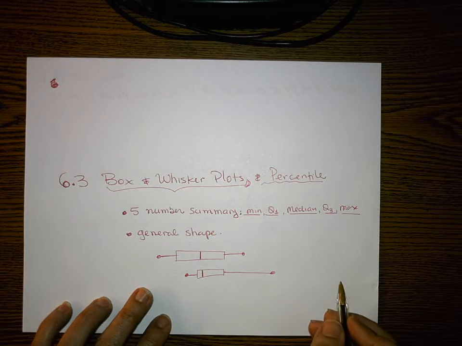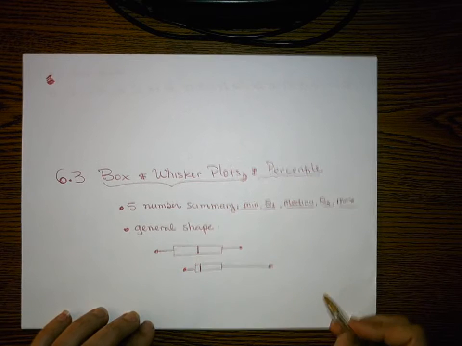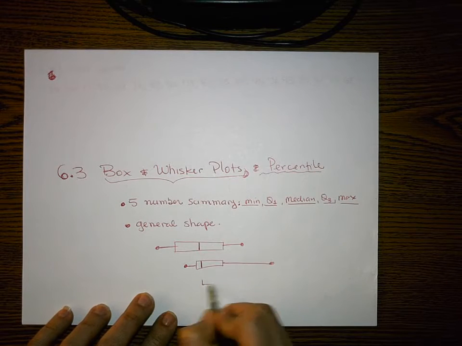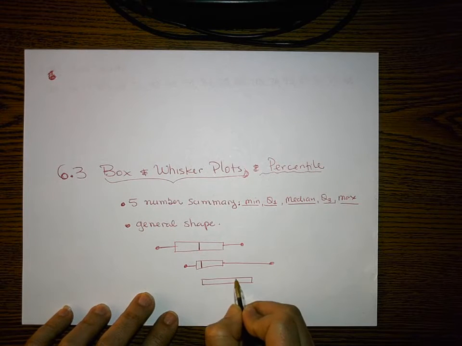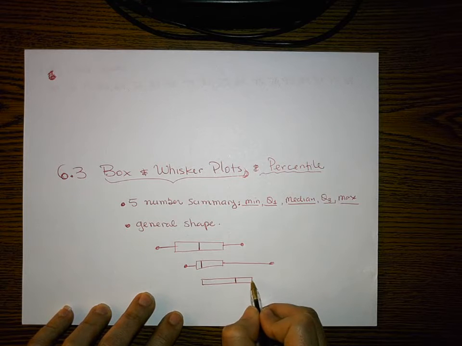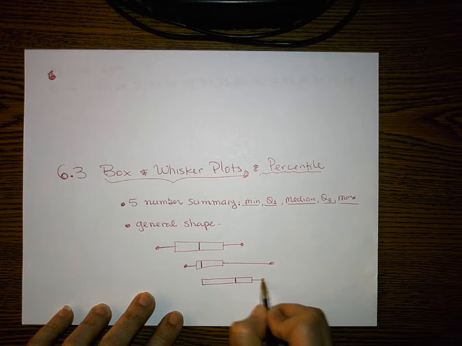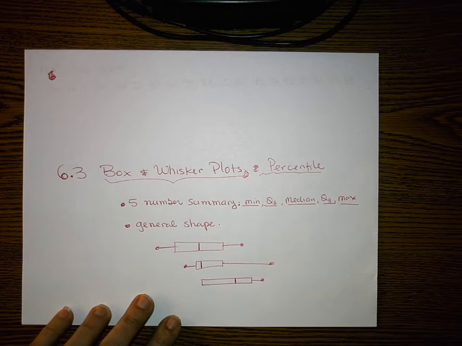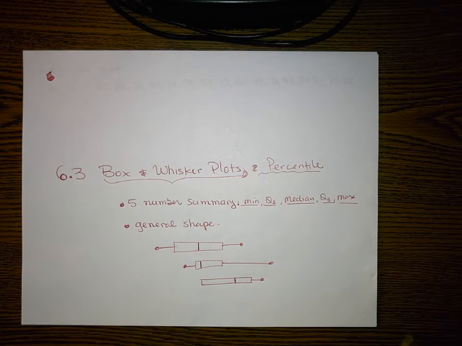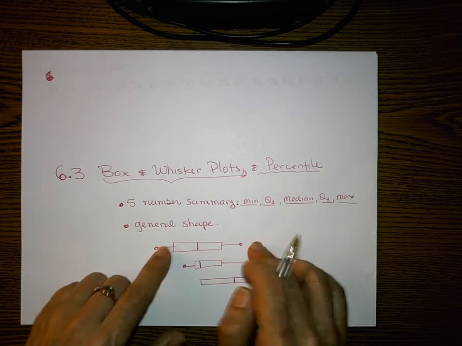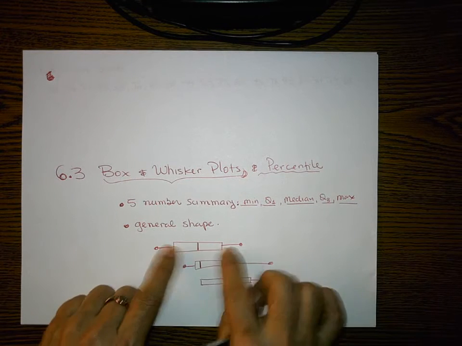You could even have a nice long box with a median and just one tiny whisker and no other whisker at all. So you could have any transformation of this general shape.